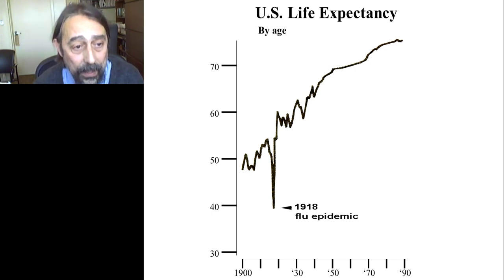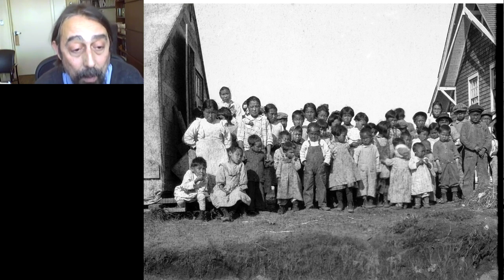The other slide that illustrates the potentially devastating consequences of this pandemic comes from a picture that is in the Smithsonian. This is a picture of a village in Alaska that was taken after the 1918 pandemic influenza virus affected the village.